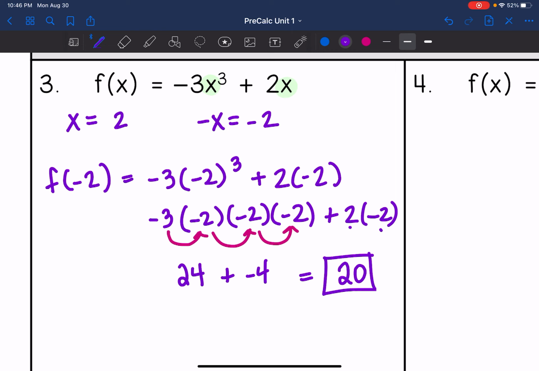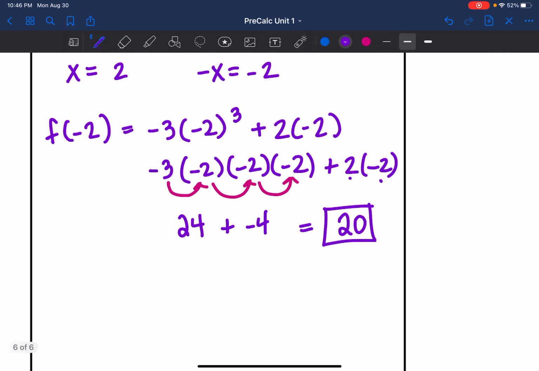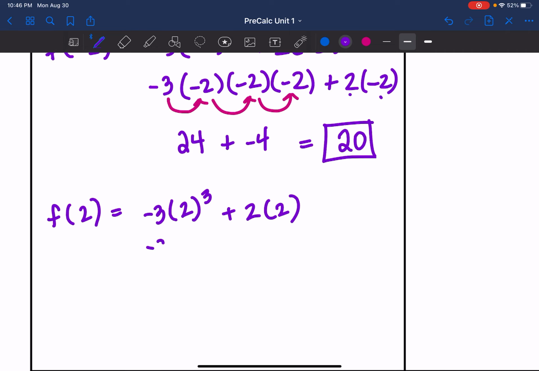24 plus negative 4 is 20. Okay, so now I'm going to look at what happens if I plug in positive 2. So we already know that exponent means that I need to have 2 there 3 times.